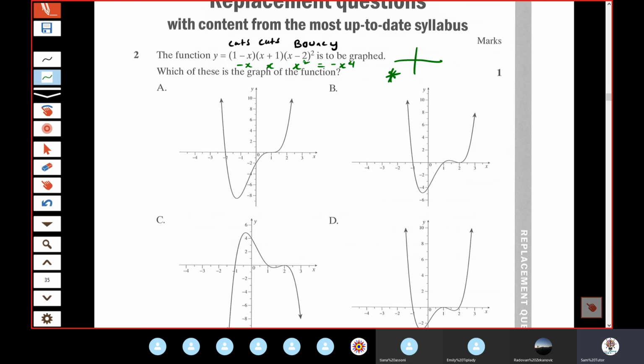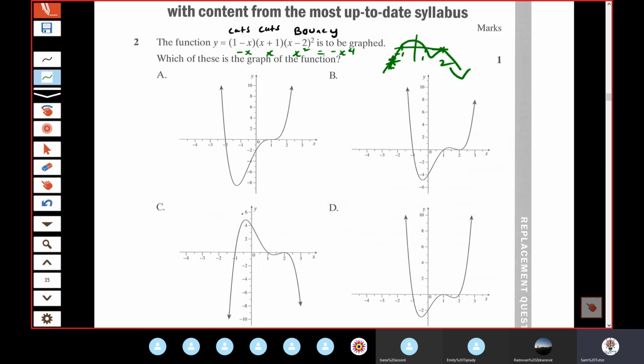Bounce at 2. Intercept at -1 and +1. Start down here. Intercept, bounce. So the answer is C. Start down here, cut, bounce. You can see it's coming up and bounces.